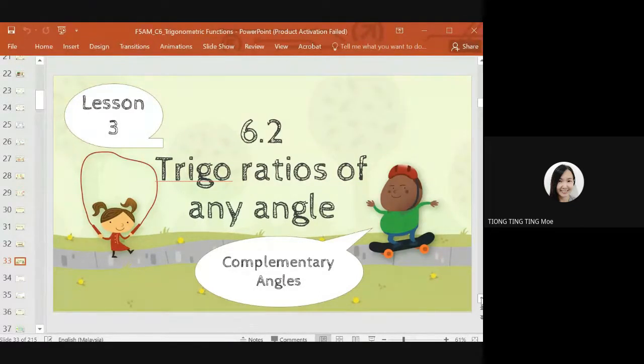Complement. Tepi kan? Ataupun temang kan? Is it? Do you still remember what complementary angles are or not? Yeah, good.